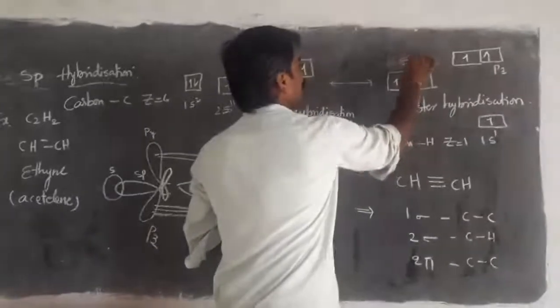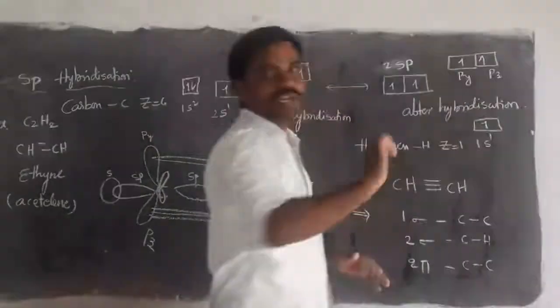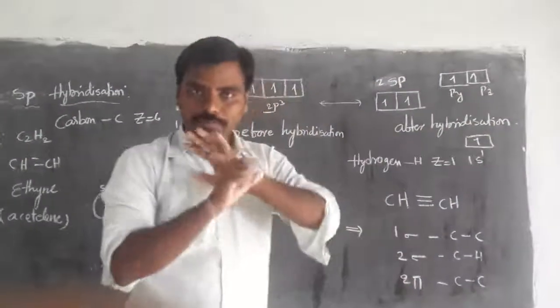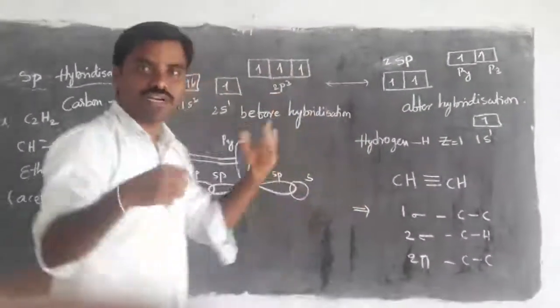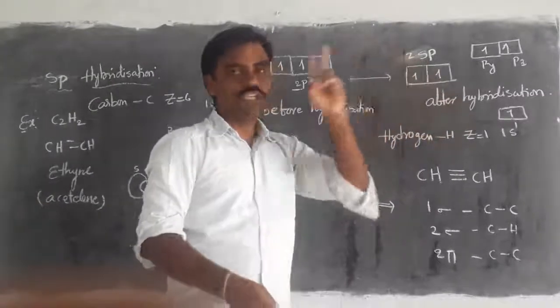The other two are not participating, so the py and pz orbitals are not participating in the hybridization. Right, children? The total number of hybridized orbitals is only 2.